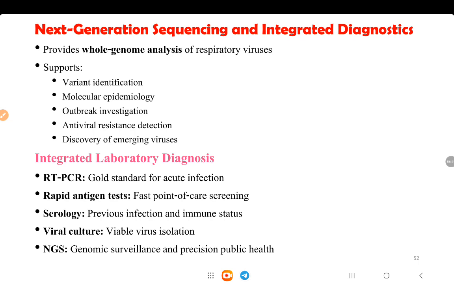Rapid antigen is fast, for point of care screening. Serology shows previous infection and the immune status of the patient. Viable virus isolation is for different studies. Next generation sequencing is for genome surveillance and precision public health.